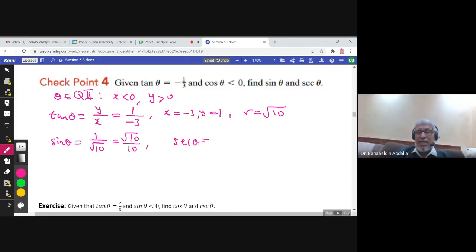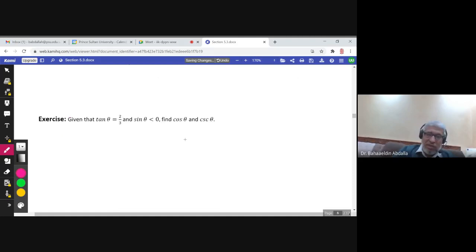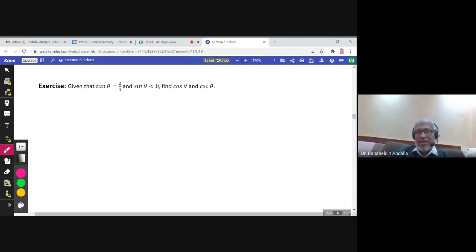Secant theta is the reciprocal of cosine, so it is r over x. R is square root of 10, x is negative 3, so that's the answer. This is secant theta.